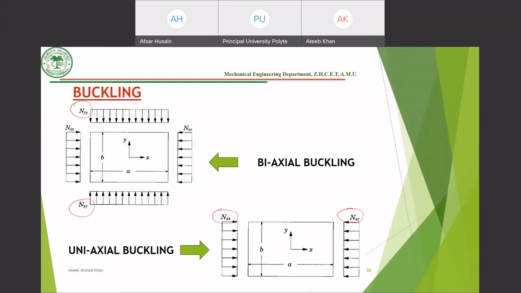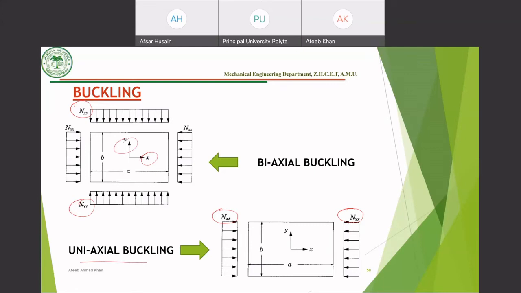If you are applying the load only in the X direction, that type of buckling is known as uniaxial buckling. Obviously, in this case, to buckle you will need a greater load. And if you are applying the loads both in X and Y directions, then that type of buckling is known as biaxial buckling. Obviously, since you are applying the load from both directions, the magnitude of the critical buckling load will be less in this case.